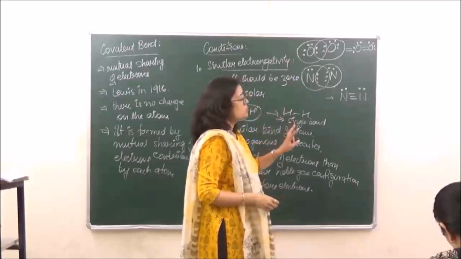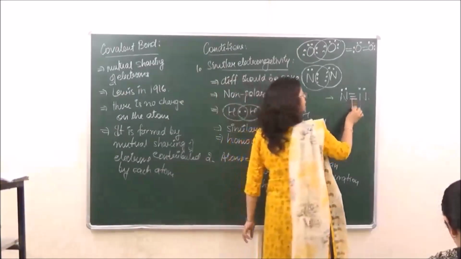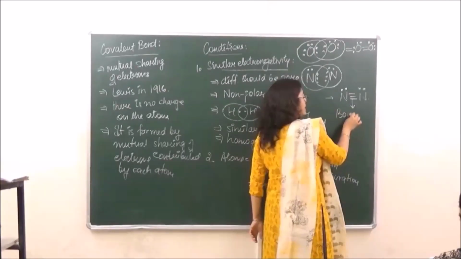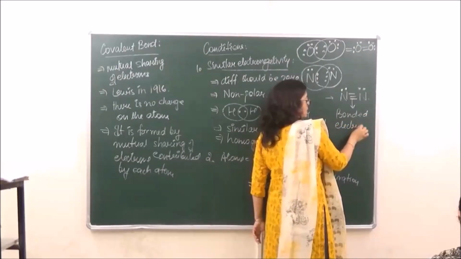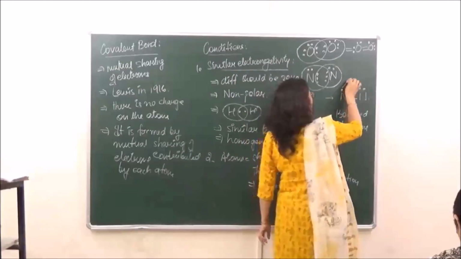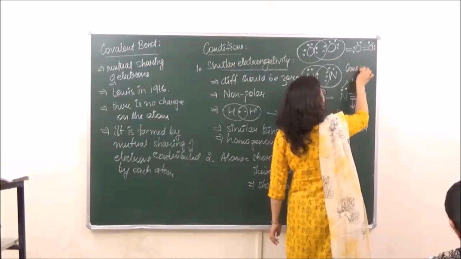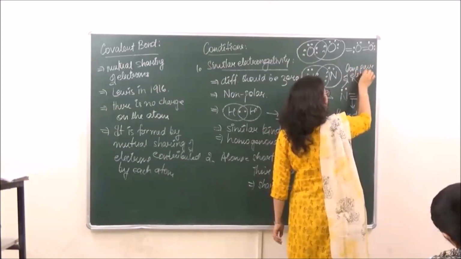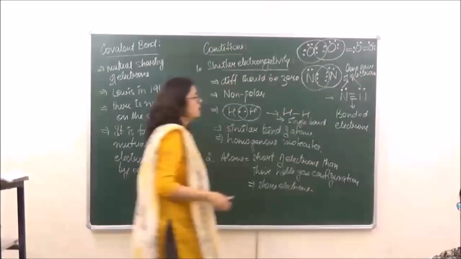So there are 2 types of electron pairs present in a covalent bond. The ones participating in bonding are known as bonded electrons, whereas the ones not participating in bonding are known as lone pair of electrons. You need to remember this because this terminology we will use again and again.